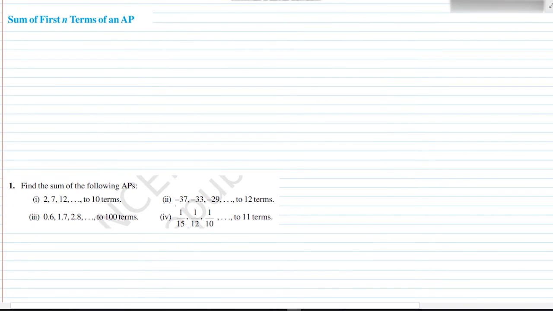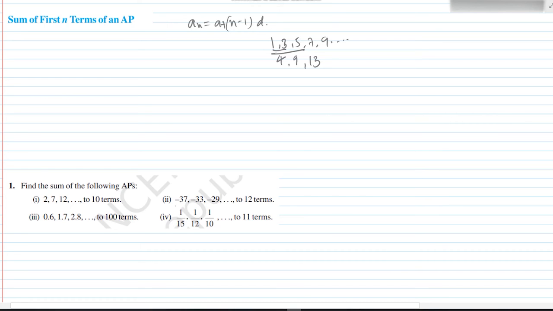We knew that if you wanted to find a term in a series, then we find an is equal to a plus n minus 1 d, right? Suppose there is a series like 1, 3, 5, 7, 9 and so on. If you ask the sum of two terms, then it's 4. Sum of three terms, then it is 9. Then sum of 4 terms, then it is 9 plus 7, that is 16, right?